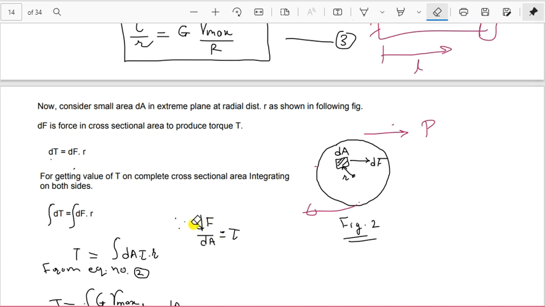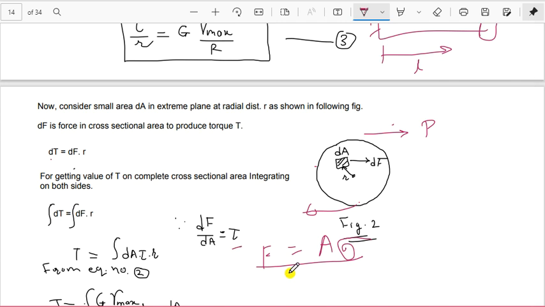Then we will put the value of force in terms of shear stress, because the deformation is shear deformation and stress produced inside the shaft is shear stress. So instead of writing force as area into normal stress, we will not write like this.